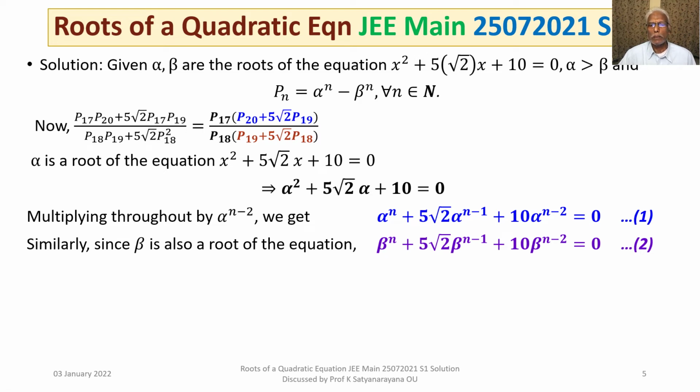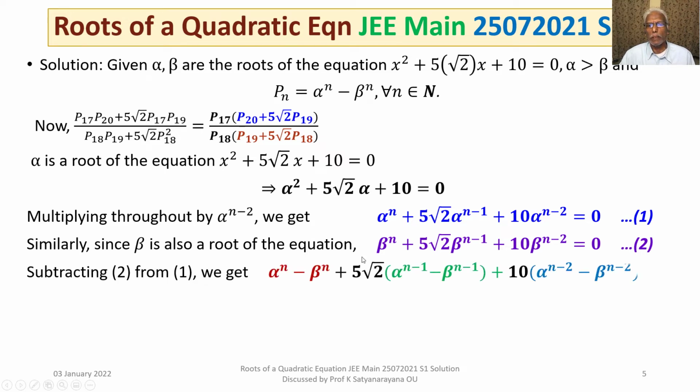Now, subtract equation 2 from 1, so that we get alpha power n minus beta power n. Subtracting equation 2 from equation 1, we get alpha power n minus beta power n plus 5 root 2 times alpha power n minus 1 minus beta to the power of n minus 1 plus 10 times alpha to the power of n minus 2 minus beta to the power of n minus 2 is equal to 0.